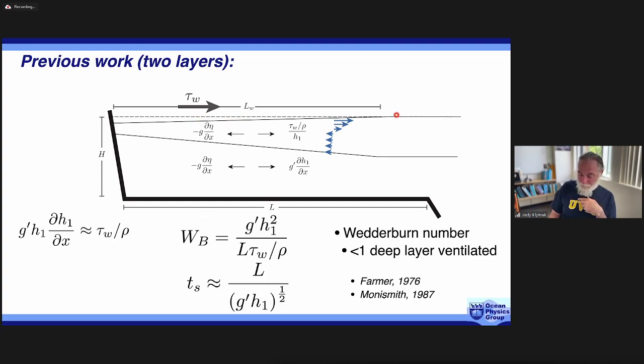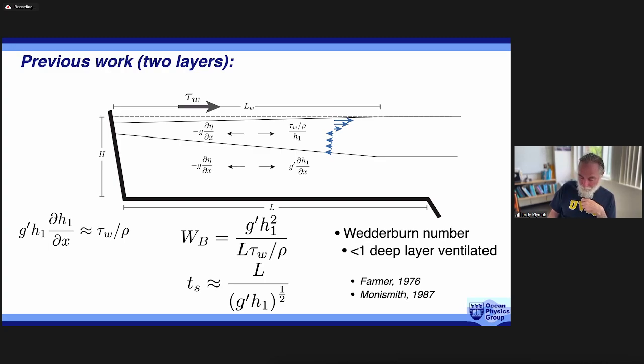You develop a sea surface tilt that counteracts the wind stress, and so you get a force balance between the wind stress and that sea surface tilt. And then in the deep layer, you get a countervailing pressure balance between this interior tilt, between this upper layer and the sea surface tilt. And so this water ends up in steady state as well, and ends up being stagnant. And so that's the simple idea behind that.